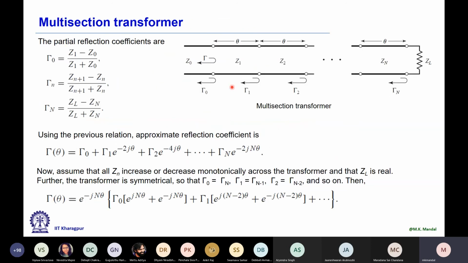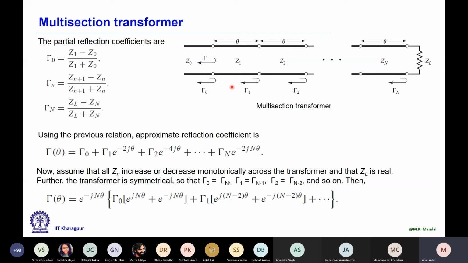Now how to proceed? Usually for most of the passive components, if we use many of them in parallel or in series, depending on what type of components you are using, the bandwidth increases.